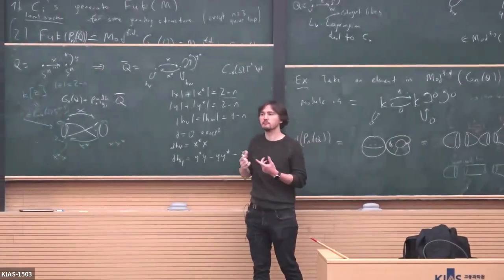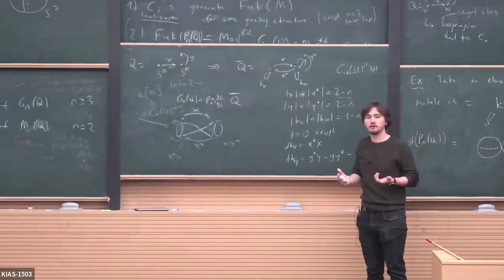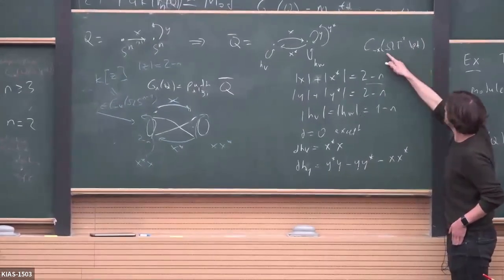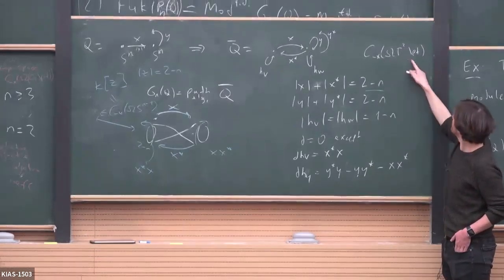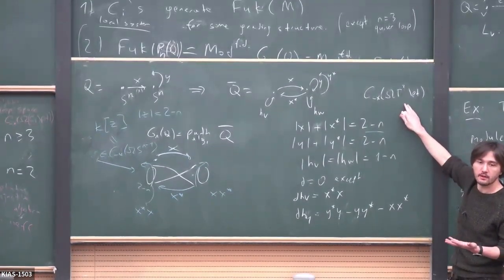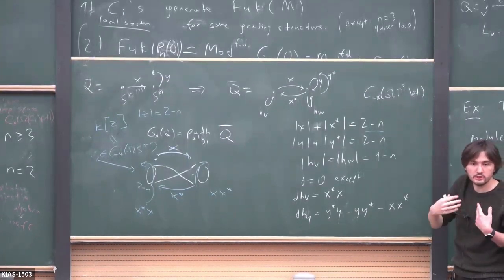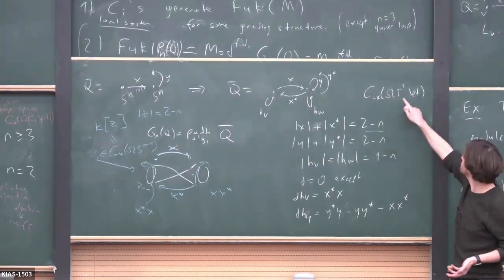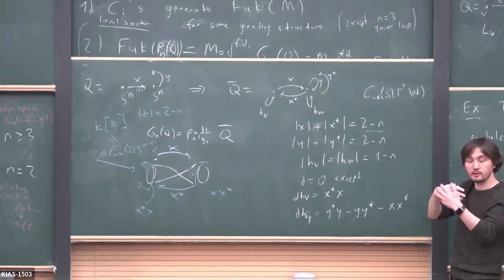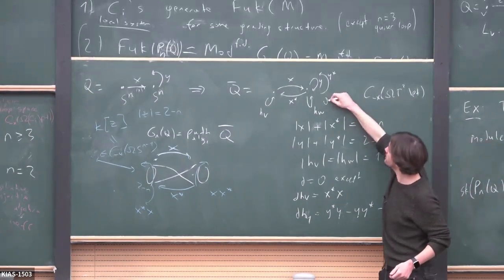There are generators of the homology of this based loop space, torus minus 1 point, so you need to put all generators here.